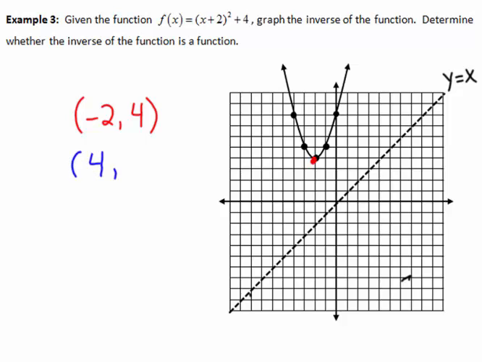We now go to the point 4, -2. There would be the inverse of that coordinate. So we would go to 4 and -2 and put ourselves a dot. Same could be said for that coordinate. It's at -1, 5, which means the inverse is going to be at 5 and -1.